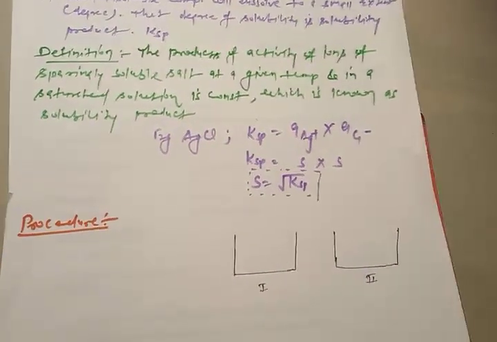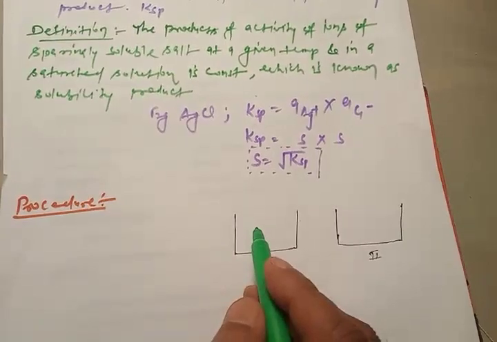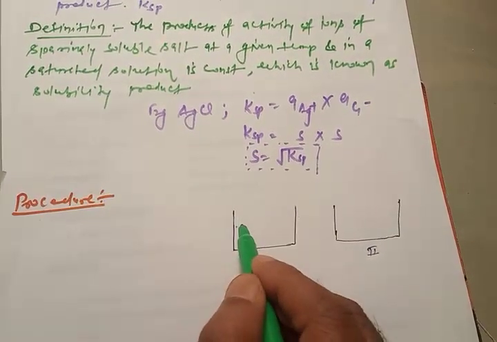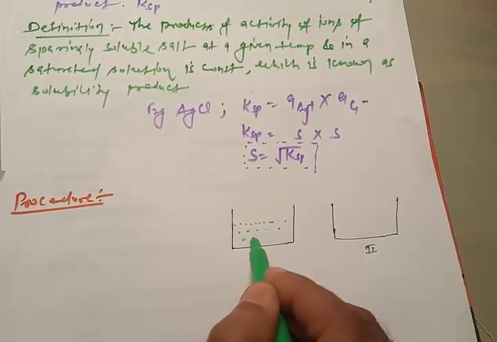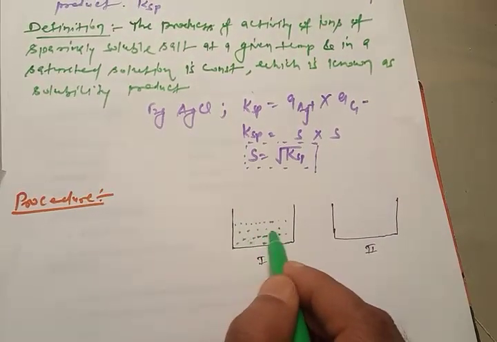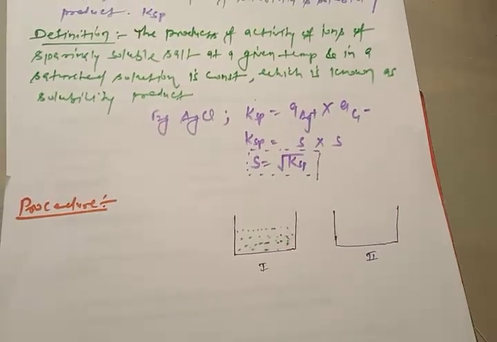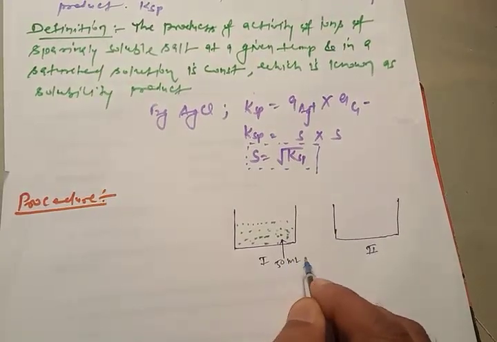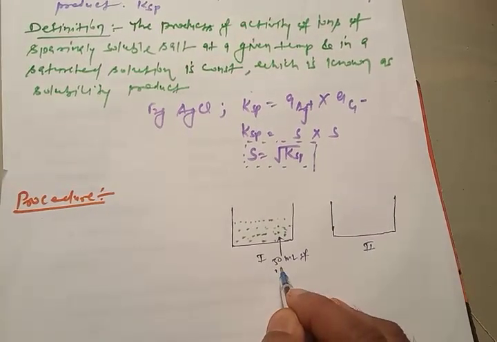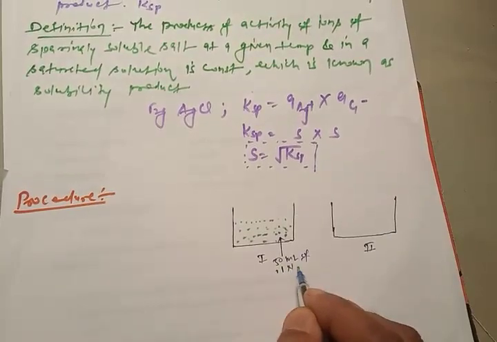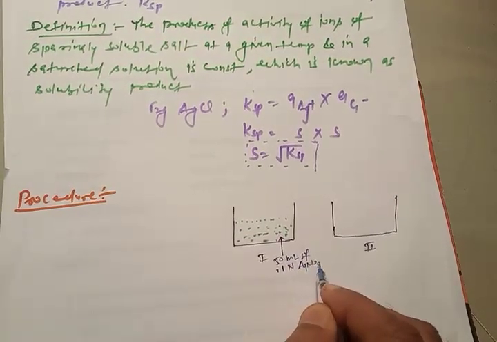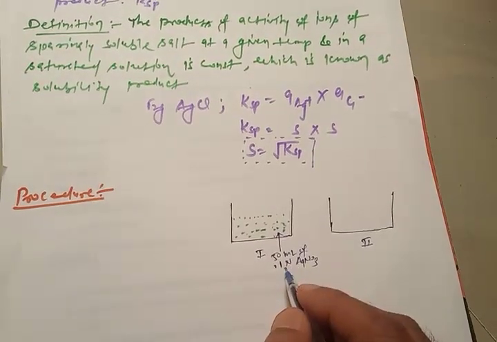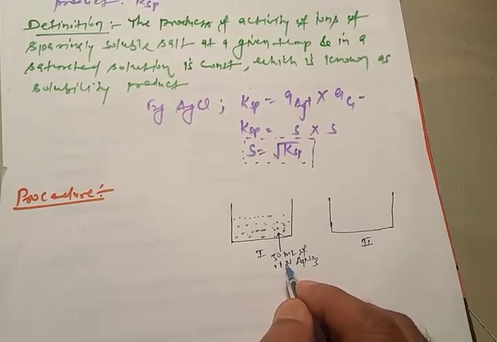Then the first beaker is filled with 50 ml of 0.1 N AgNO3. You can take any concentration: normal, molar, 0.1, 0.5, 0.001, whatever you want.